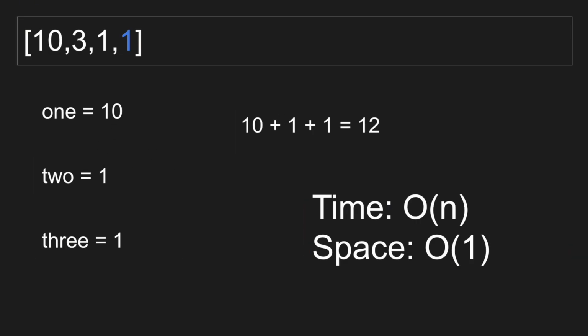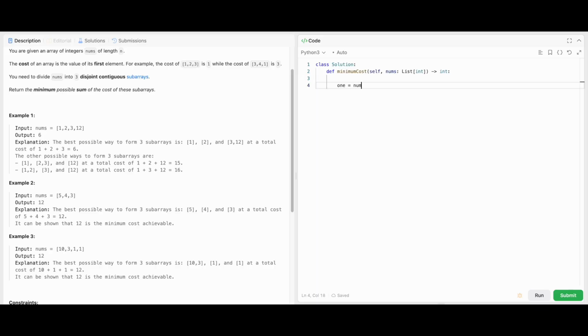So now let's get to the coding part. First we will set first to nums of 0, second to the minimum of nums of 1 and nums of 2, and we will set third to the max of nums of 1 and nums of 2. Now we will look from the 4th element to the end.